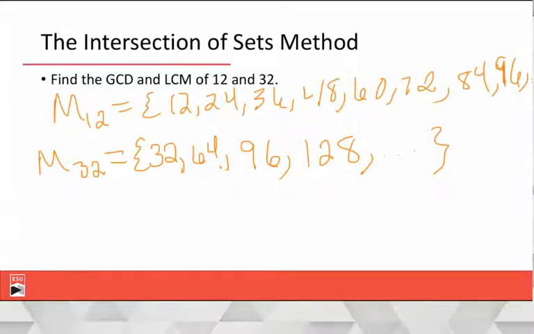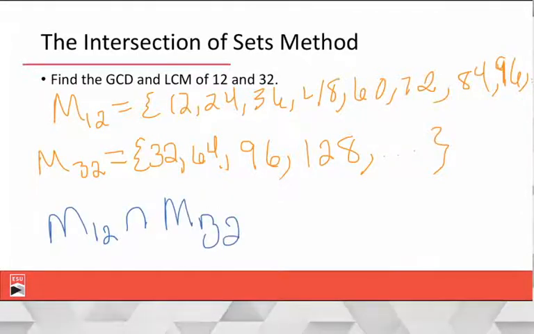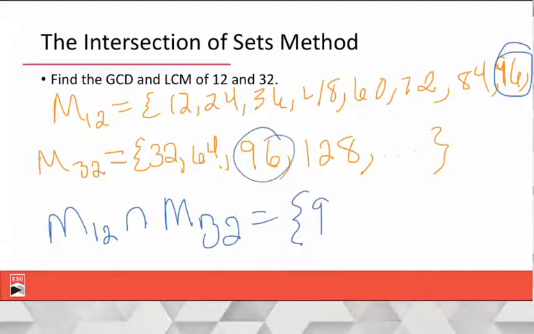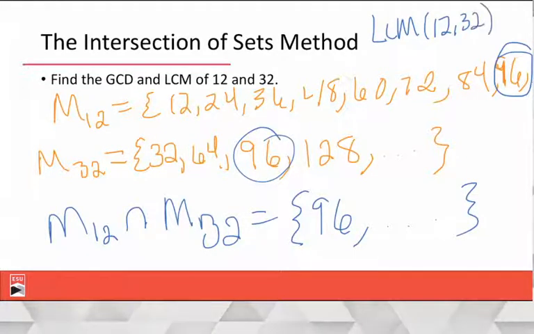And so again, we're looking at what's common to both, the multiples of 12 intersected with the multiples of 32, and we get the set containing 96, and then there will be more, but that's the smallest. And so we say the LCM of these two numbers, 12 and 32, is 96.